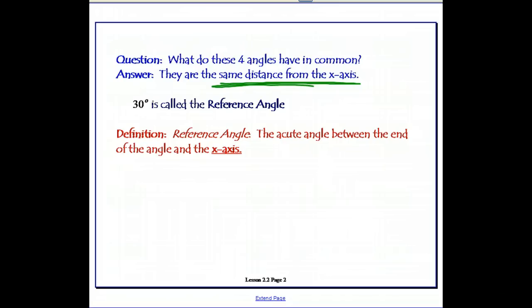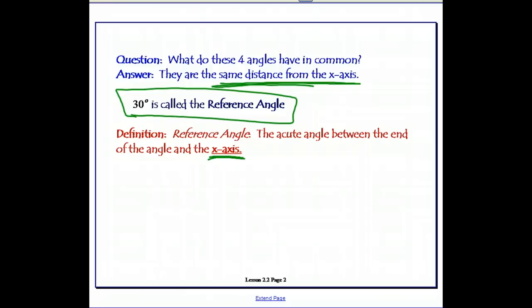That 30-degree angle, measured from the x-axis, is called the reference angle. The reference angle is an acute angle between where your angle stops and the x-axis. Every now and then somebody gets fooled and measures it over to the y-axis. Don't do that. Measure it down to the x-axis.